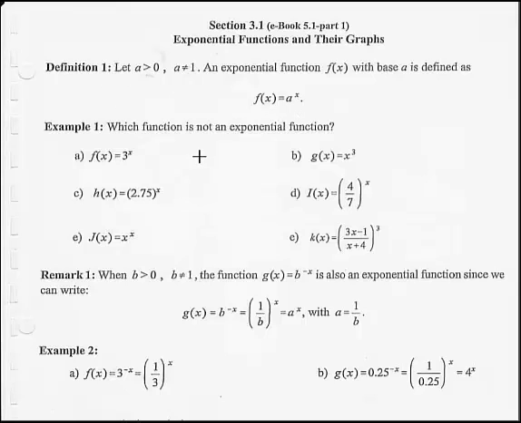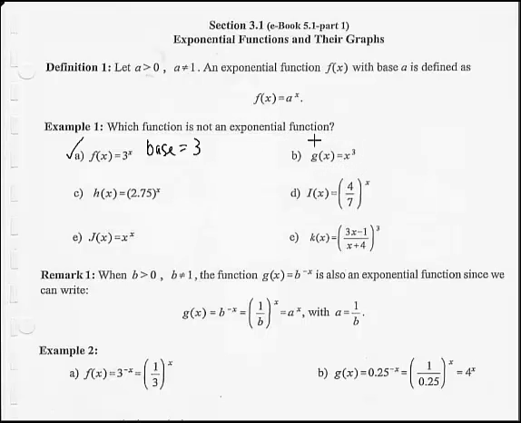In example 1, we are supposed to pick out which functions are not exponential, or in other words, which functions do not fall into this format that we have above. So a, we have f of x equals 3 to the x power. 3 is our base. 3 is not 1, and it is positive, so a is exponential. b, g of x equals x to the third.